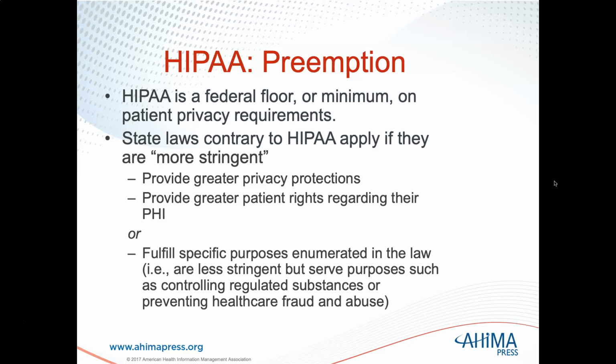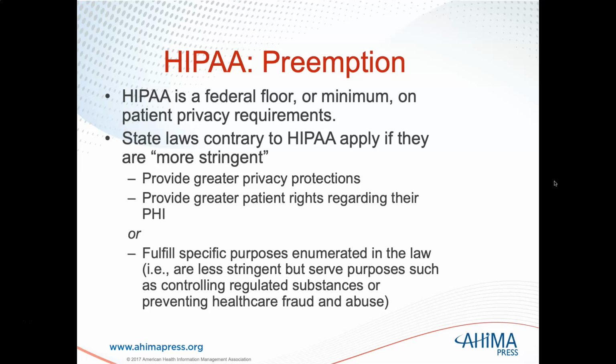Then there's something called preemption, and this is on page 254. This is where I talked about how you determine whether it's the federal law or the state law that you follow when it comes to protected health information and all that goes along with it.